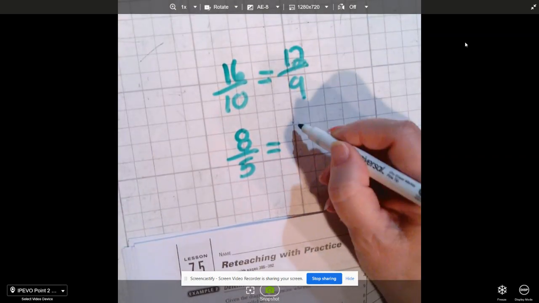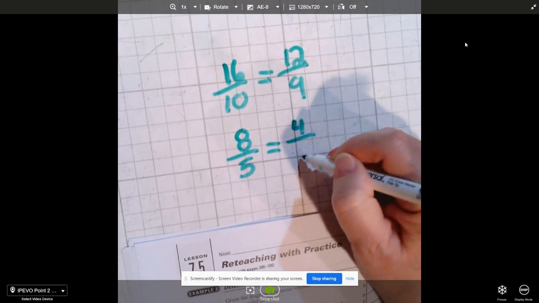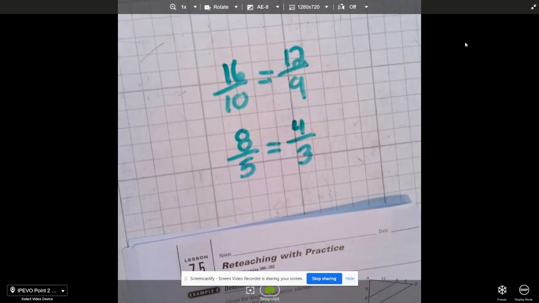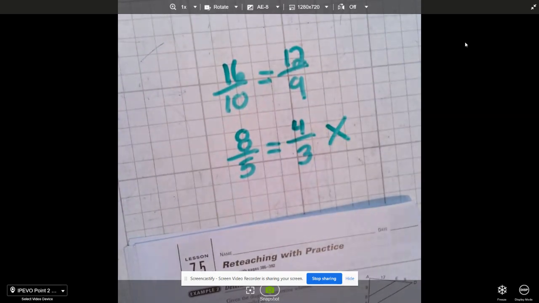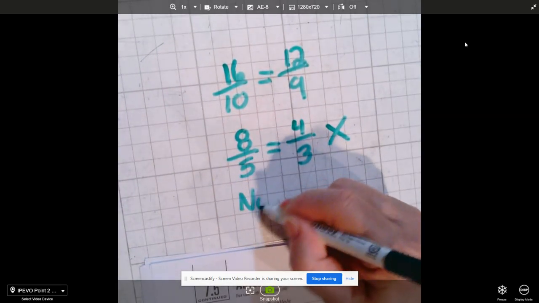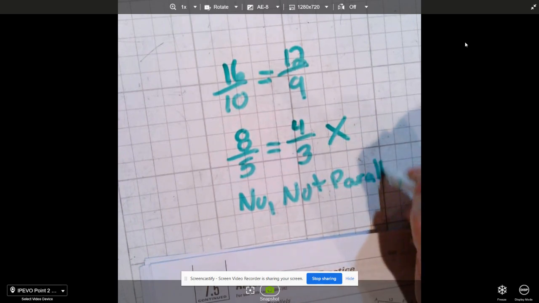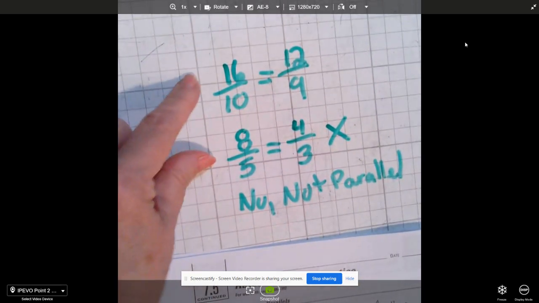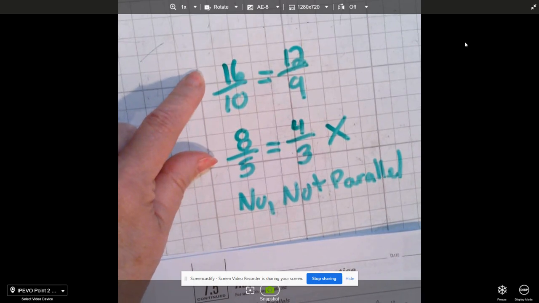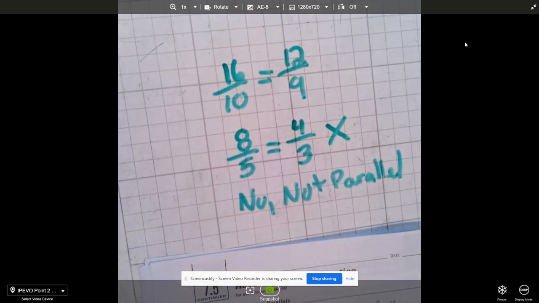So 12 divided by 3 would be 4, and 9 divided by 3 would be 3. Well, 8 over 5 does not equal 4 over 3. So then your answer to this is no, they are not parallel. And this work up here would be your explanation as to why they are not parallel.